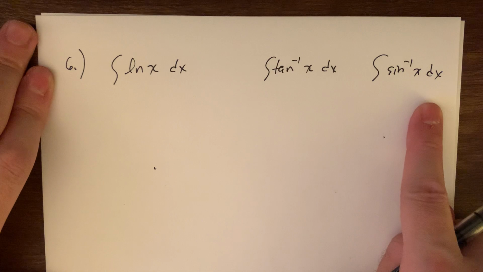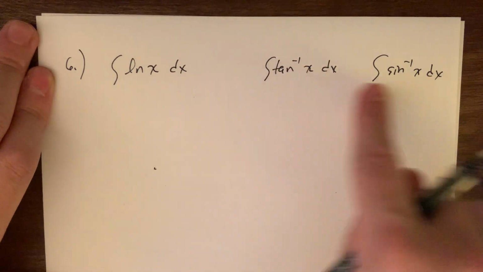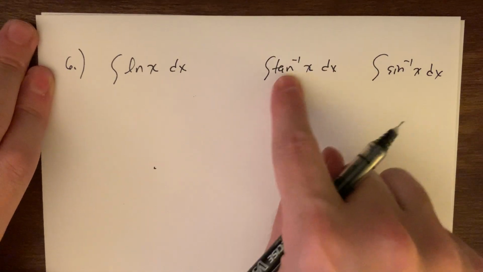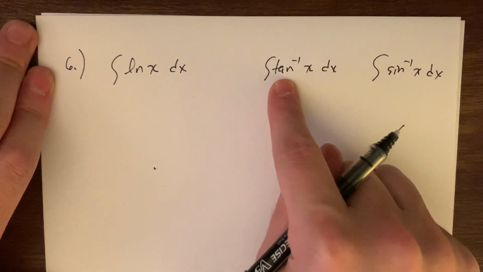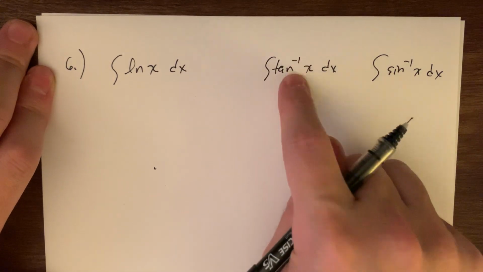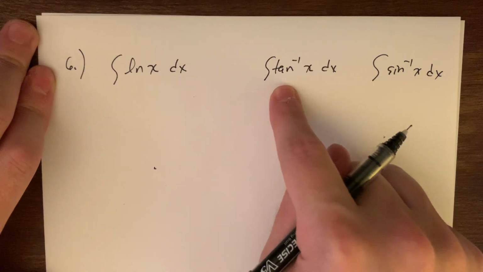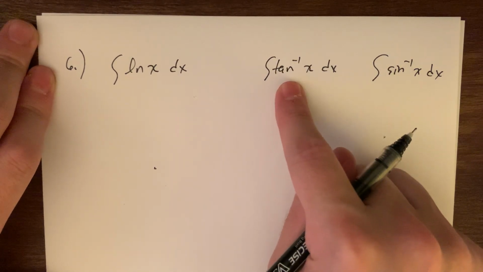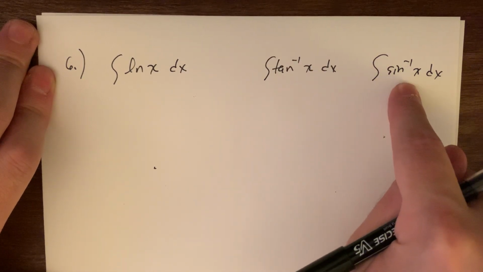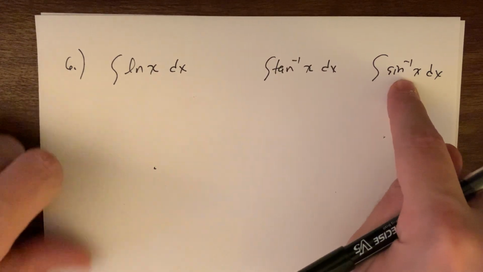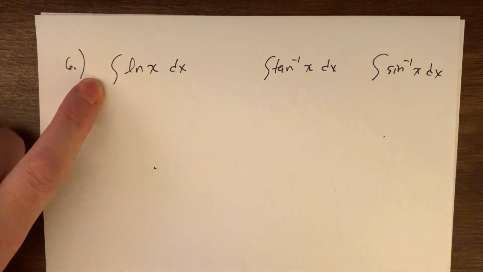Then again, don't be fooled. There's no exponent here. That's just the notation for inverse tangent, inverse sine. This one is entirely done in your book. So I'll leave that one, that if you want to try it on your own and then match up with the book to make sure everything worked out, you'll see it's very similar to the one that we'll do together. So we'll do this as number 7, but let's start here.